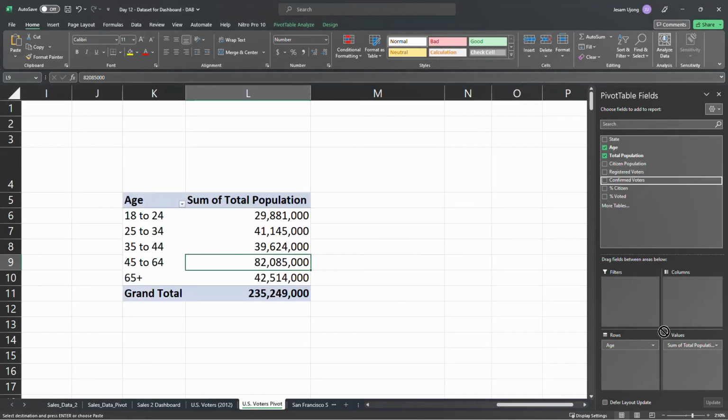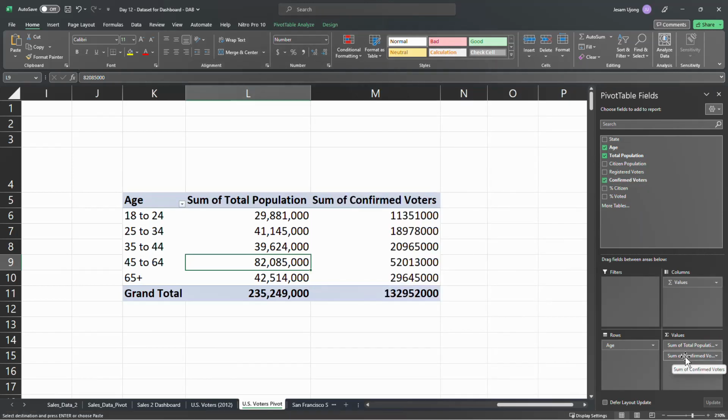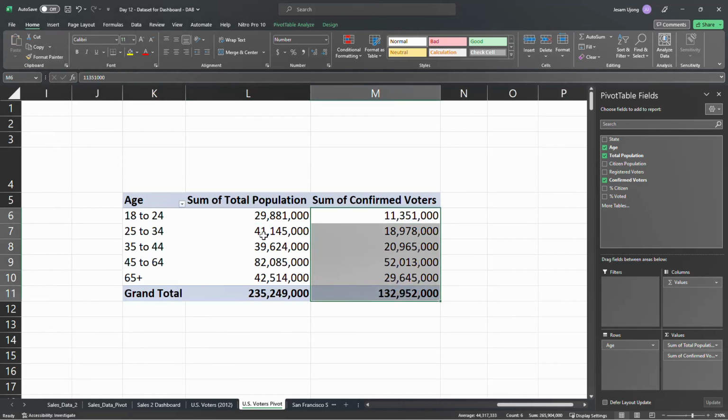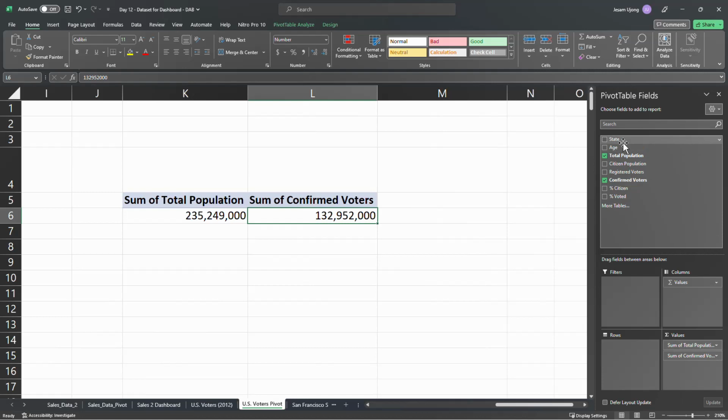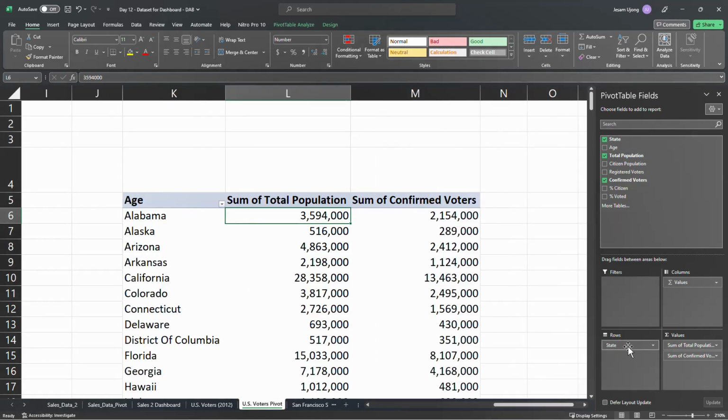So we're working with confirmed voter population, confirmed voters, right? Okay, so we're going to change this to states.